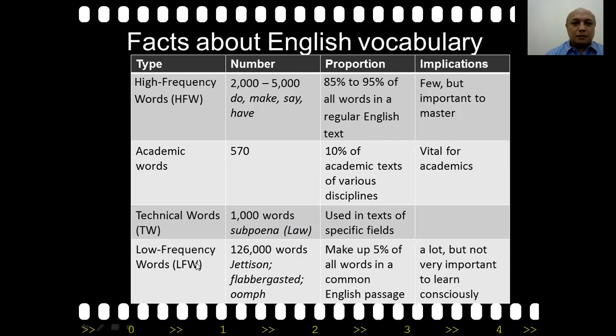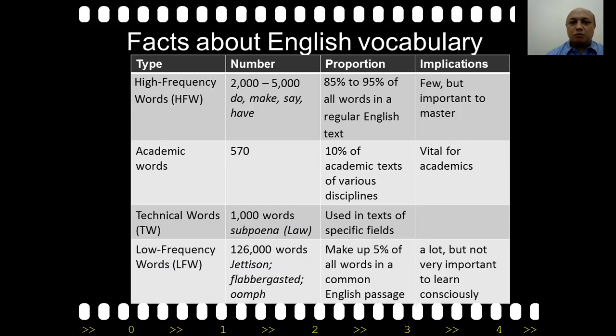And then the last category is what we call low frequency words. Now this makes up the largest number of English words. There are 126,000 words of low frequency words. Why low frequency? Because they do not occur very frequently in English texts.